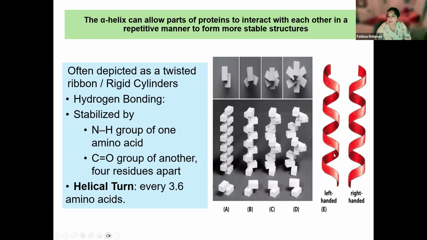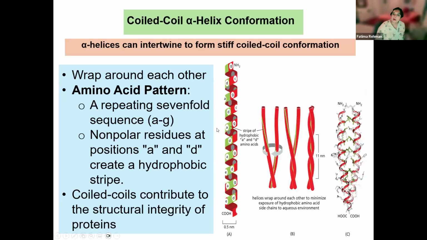This gives it the classical 3.6, so there's a helical turn, a very clear twist every 3.6 amino acids because of the way they're hydrogen bonding together with every fourth amino acid. Now, how do you get them? Remember, we talked about some proteins where they have a hydrophilic side and a hydrophobic side, and you have that pore. How do you get there from this simple structure?